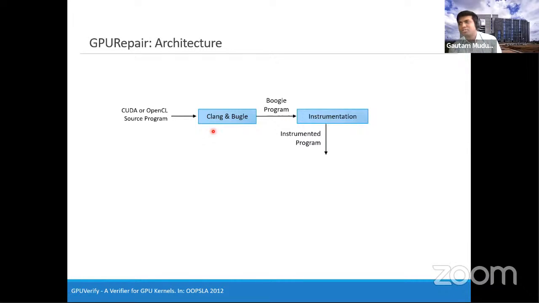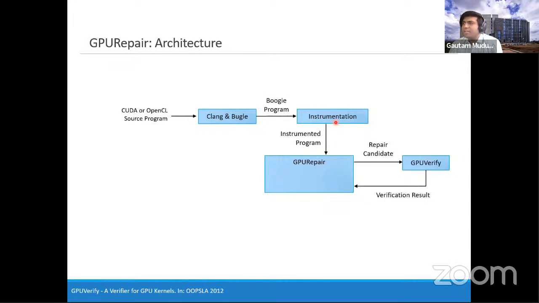I'll be talking about how instrumentation happens in the next slide, but it is instrumented to give us an instrumented program, which is fed into the core GPU repair module. GPU repair then takes this as a repair candidate and gives it to GPU verify, and the verification result obtained from this is analyzed by GPU repair.